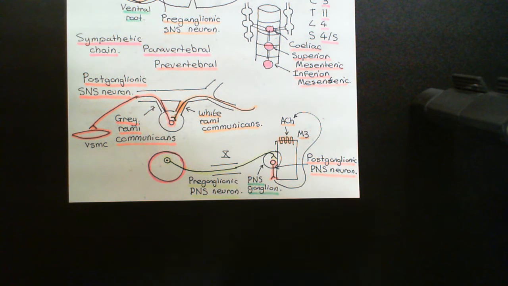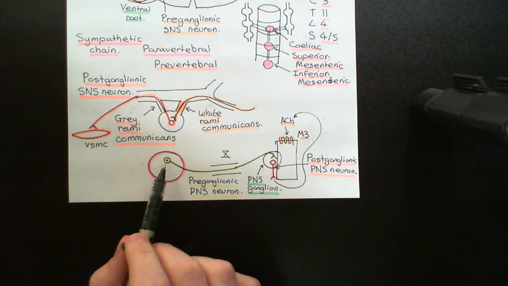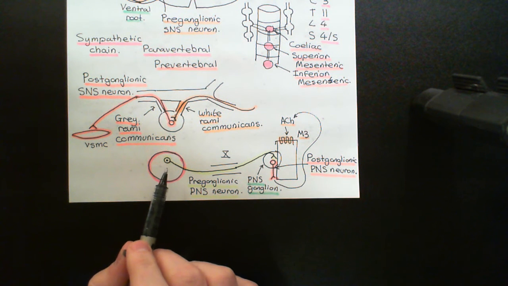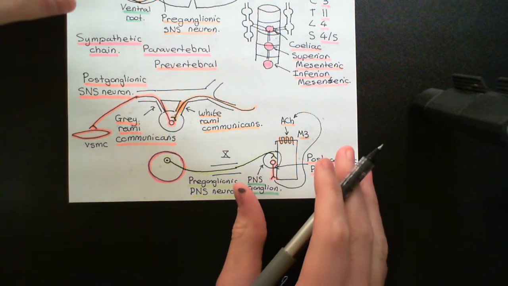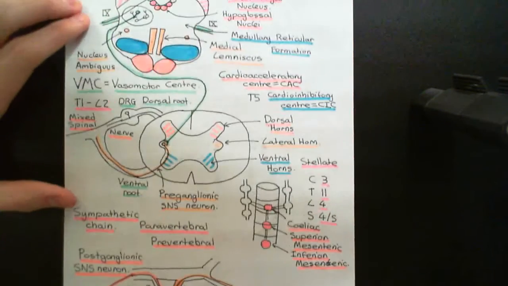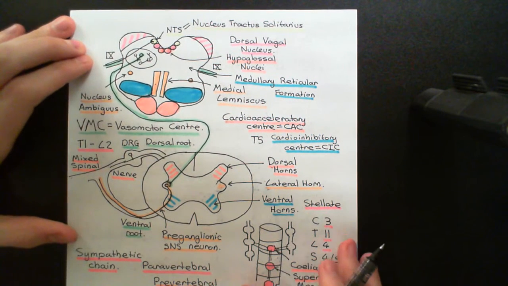So the amount of stimulation on the preganglionic parasympathetic nervous system neurons in the Cardioinhibitory Centre is going to determine the amount of parasympathetic nervous system output to the heart. Okay, so let's now start to put this all together, into the baroreceptor response.